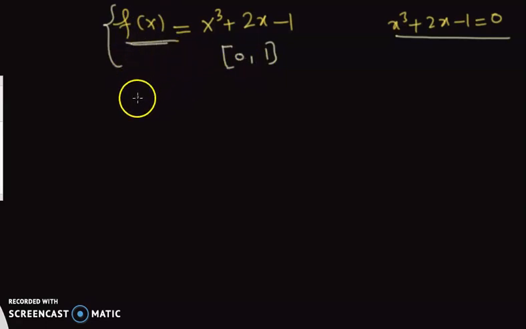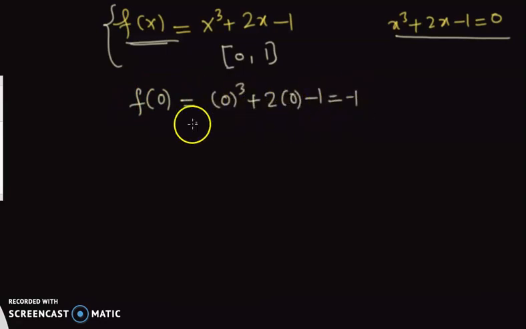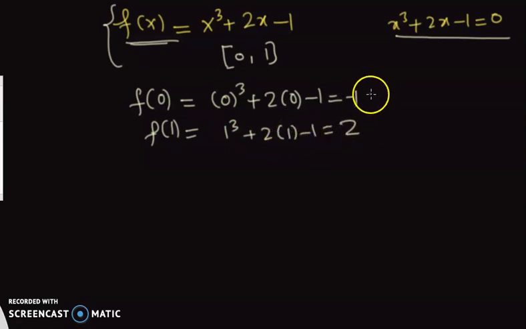I'll calculate f of a, which is f of 0, which is 0 cube plus 2 times 0 minus 1, which is minus 1. f of 1, or f of b, is 1 cube plus 2 times 1 minus 1, which is 2. So you can see that f of 0 is negative and f of 1 is positive.